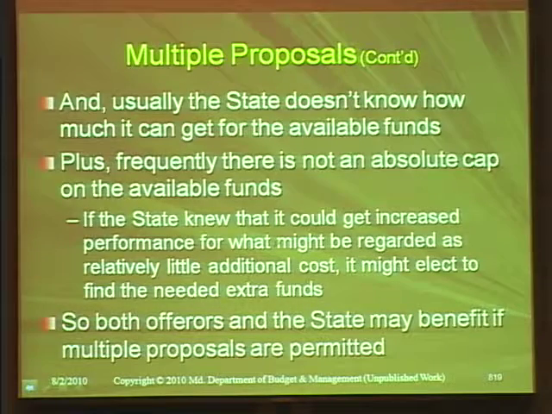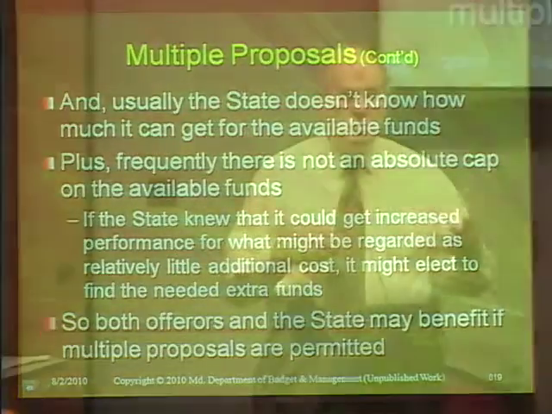The other part of that is usually the state doesn't know what it can get for the funds it has. So even if I told you how much I had, I don't know what you'd be willing to give me for that. So again, allowing the multiple proposals may allow us to see how much more we could get for a given additional amount of money.